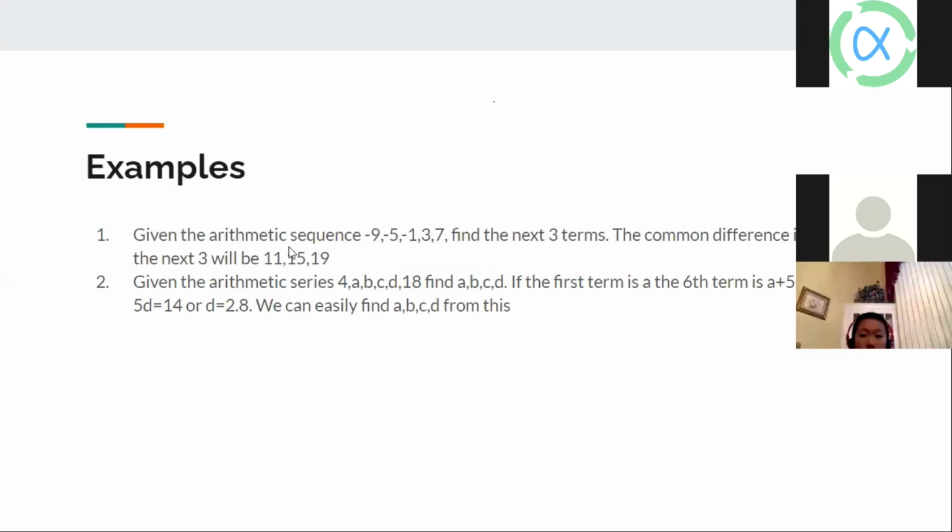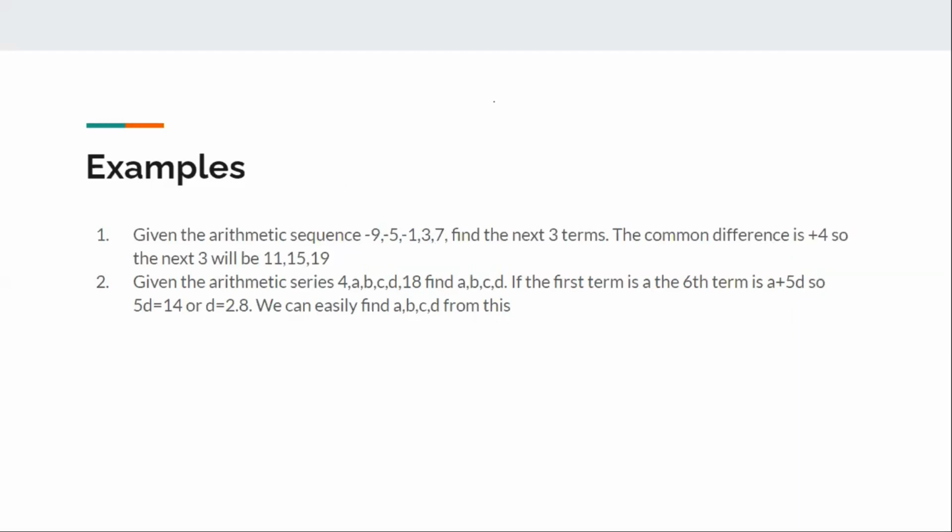Here's another example. Given the arithmetic series 4, a, b, c, d, 18, find a, b, c, d. If the first term is a and the common difference is d, as we talked about before, the sixth term will be a plus 5d.